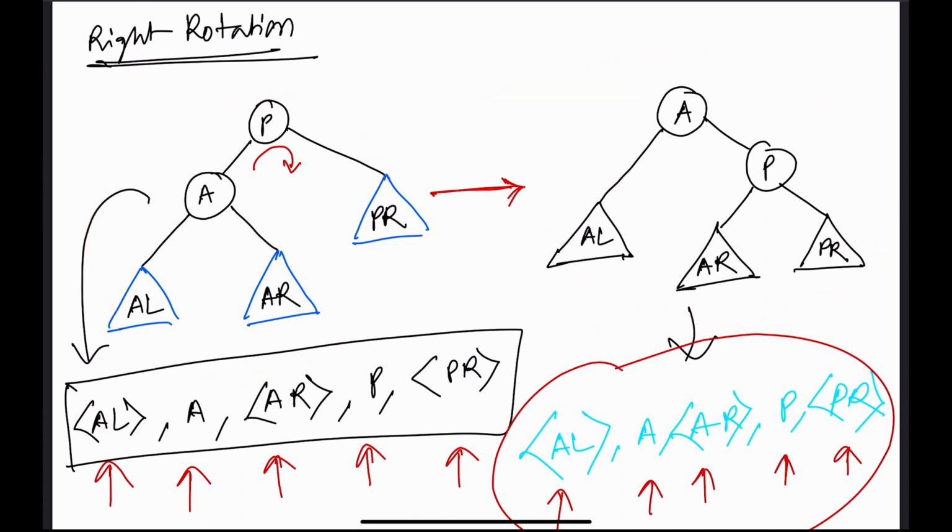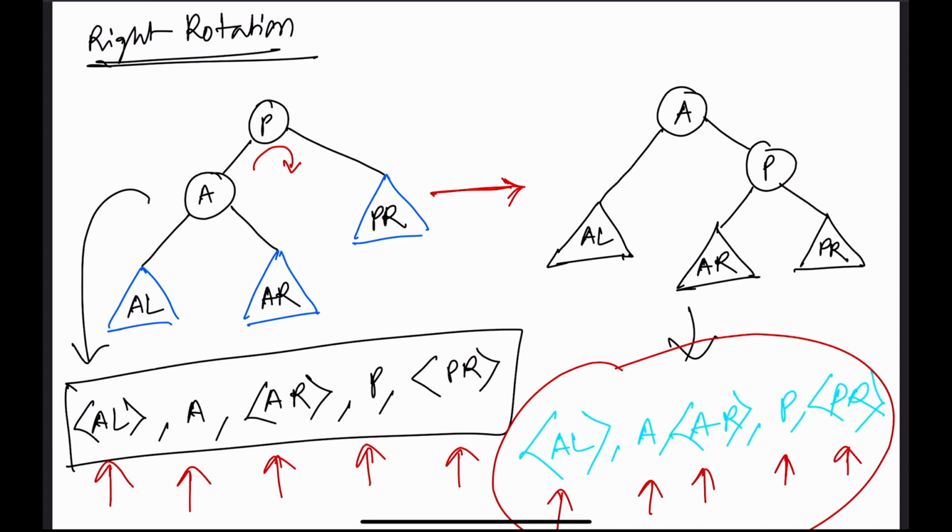That's why I told you that rotations are nothing but simple manipulation of pointers which convert the tree in such a way that the new tree remains a binary search tree, with its in-order traversal same as the original one.